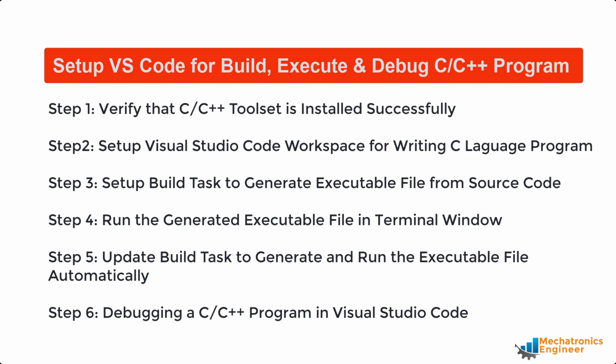We also used Visual Studio Code, set up the workspace and task, and saw how we can build the executable files from the source code, and how we can update the task that builds the source code to an executable file and run it. And at last, we saw how we can use run and debug of Visual Studio Code in order to debug the code, and what kind of options we have for debugging the source code in Visual Studio Code.